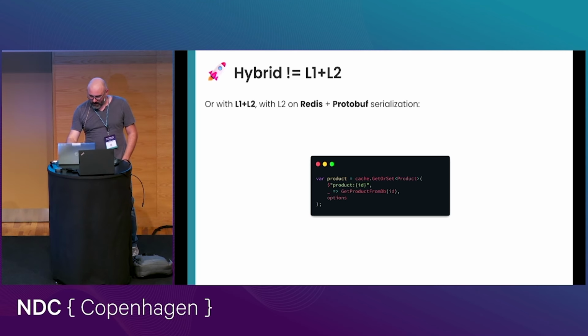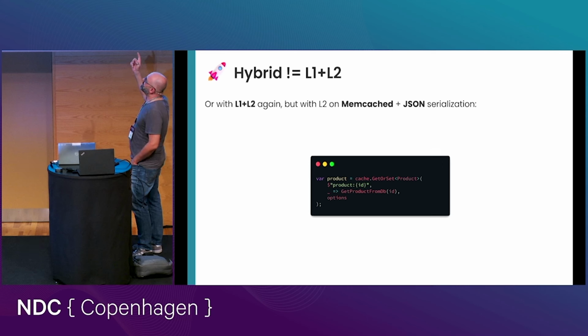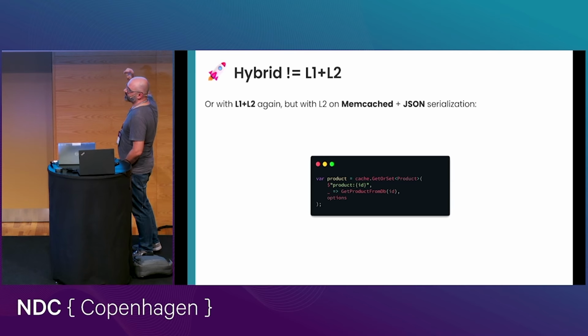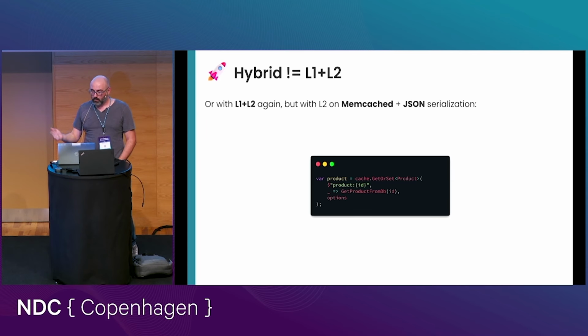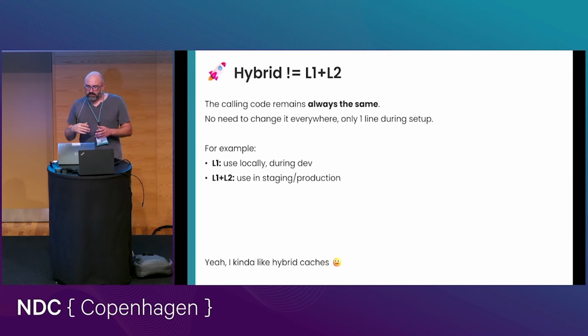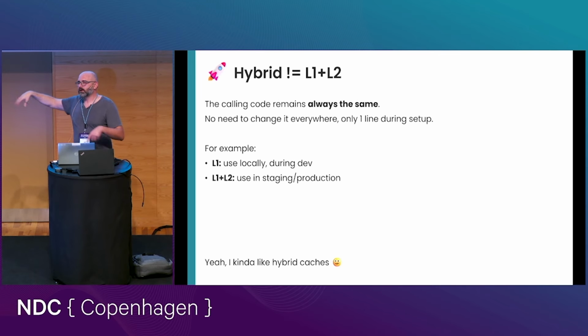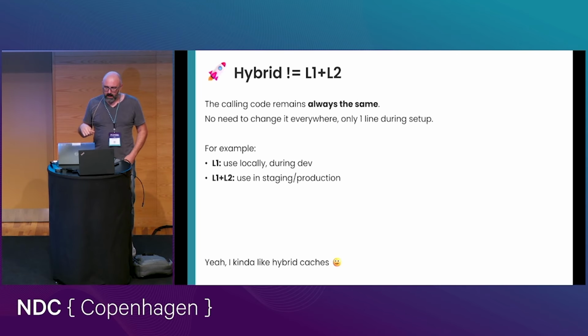And this one, instead, again, same code, is for L1 plus L2, but where the distributed cache is memcached and the serialization format is JSON. The code is always the same. So this is really powerful, again, and L2 can be enabled with one line during setup. So you don't need to go and change all the calling code that you created in your application.